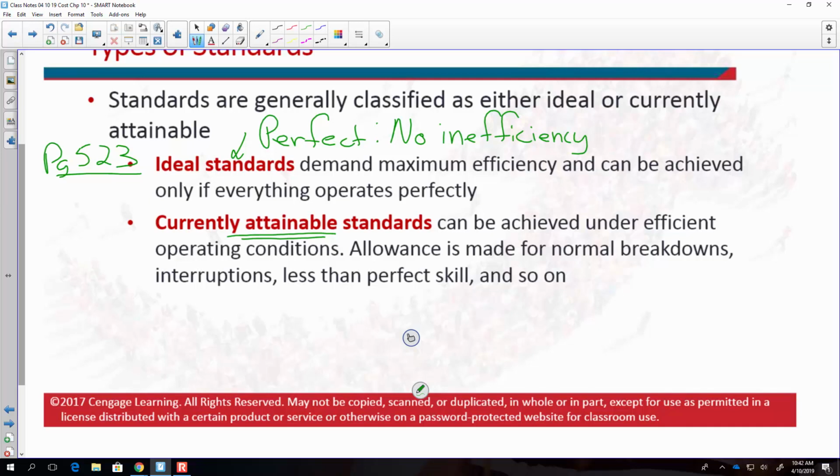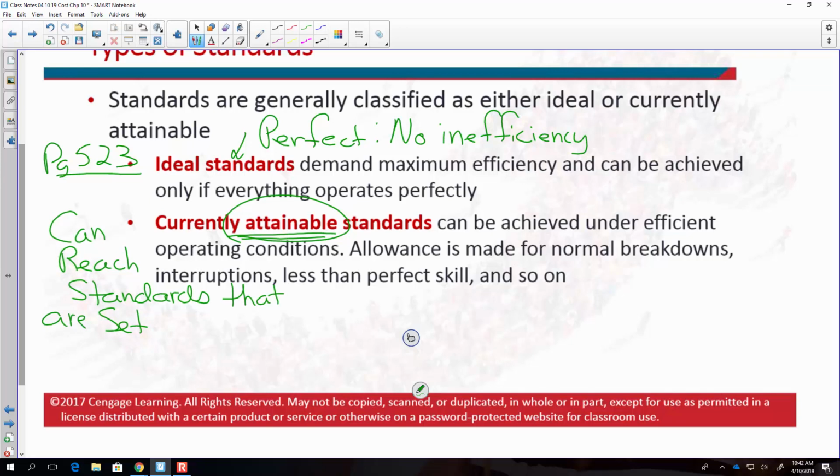So as cost accountants, we have to make these standards attainable, so people can reach the standards that are set. That's what we're looking for.